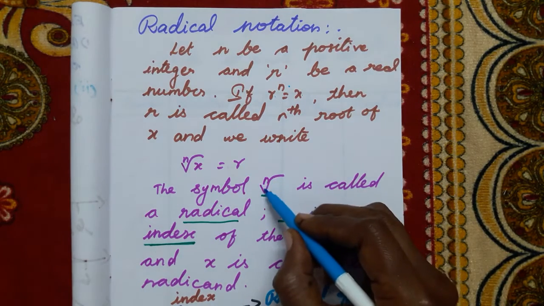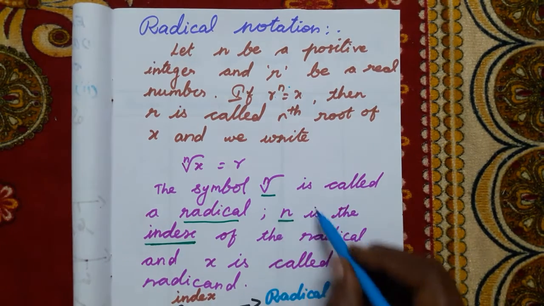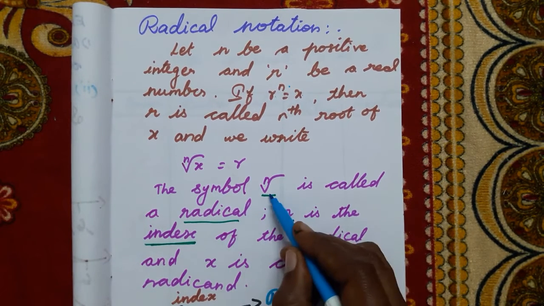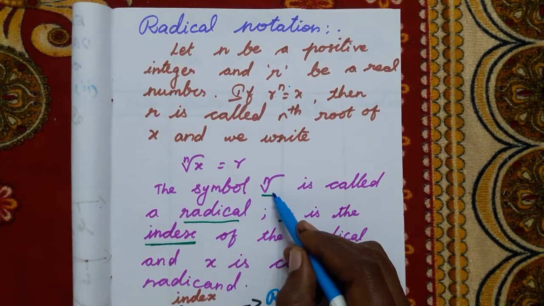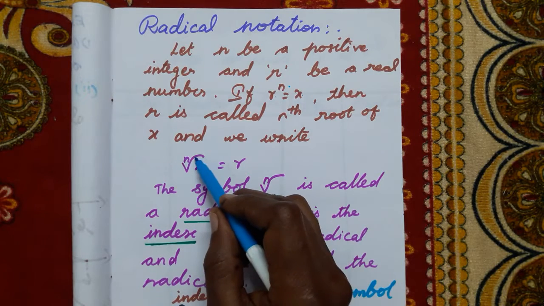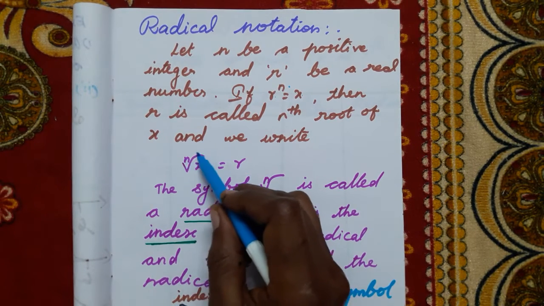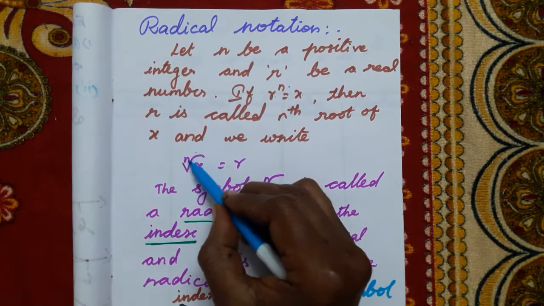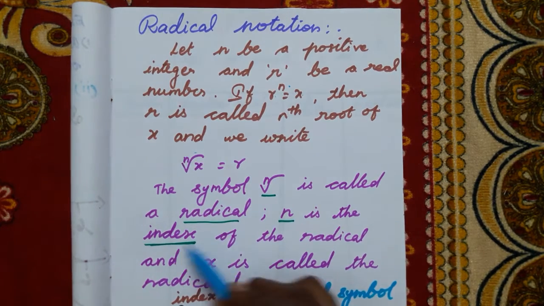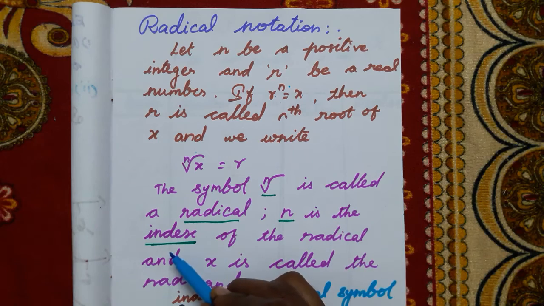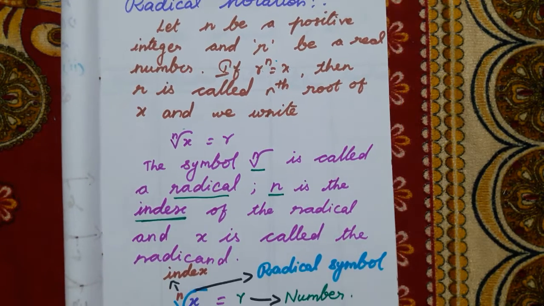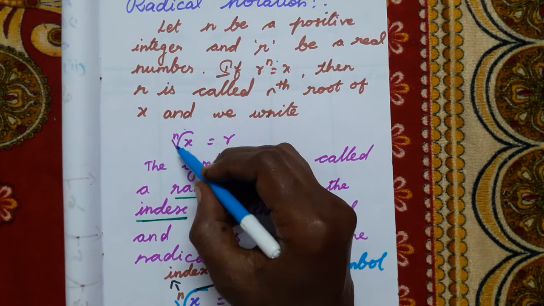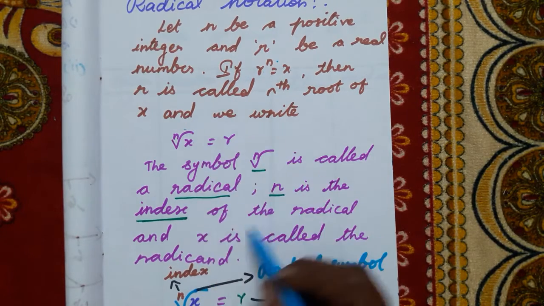Here, this nth root of x, the nth root, is called a radical. The value inside, this n, is the index. n is the index of the radical. This is radical notation.